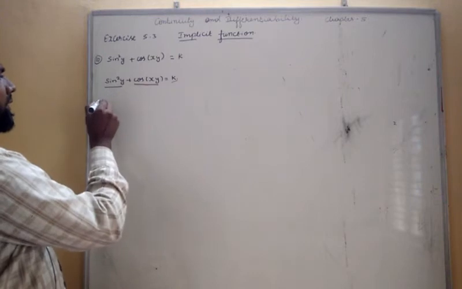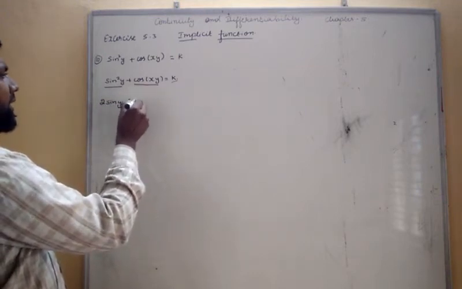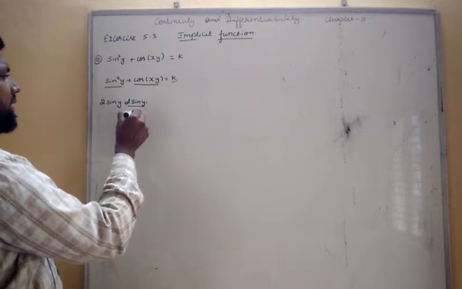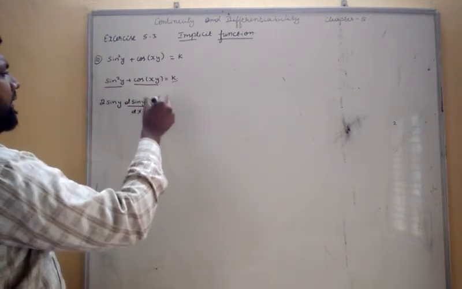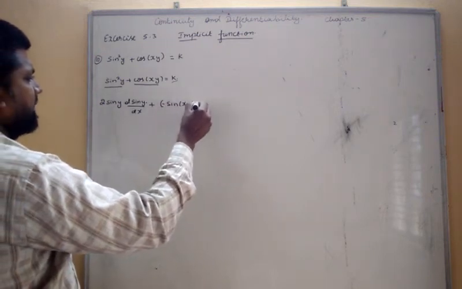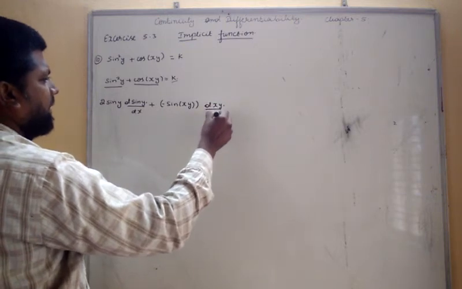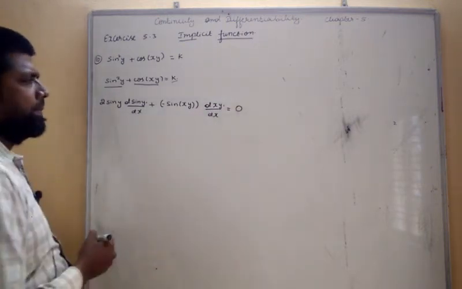So sin squared differentiation is 2 sin y, then the differentiation of sin y, which is cos y, plus cos differentiation is minus sin of xy. In the place of x there is xy, so again for the differentiation of xy, you have to apply the chain rule. Then the constant is 0.